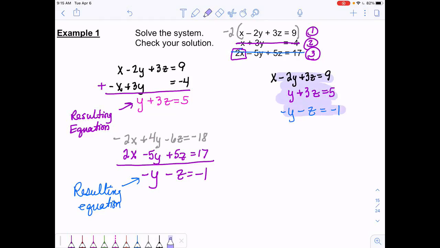My first equation has the initial 3 variables. We use the first equation to eliminate the x's underneath. So now we have the first equation with 3 variables, and then the pair underneath have the same variables. They both have a y and they both have a z.